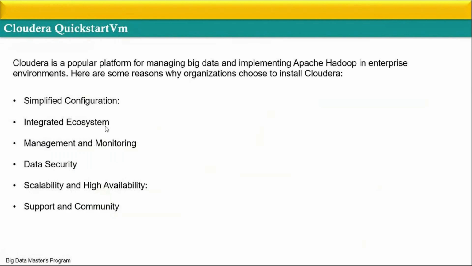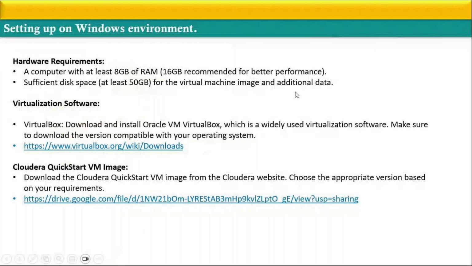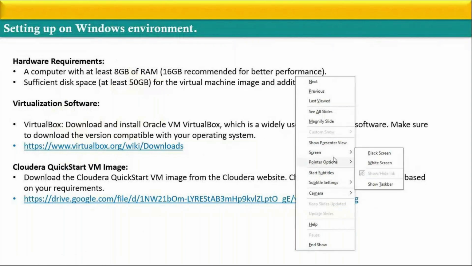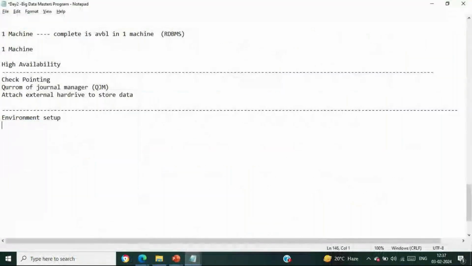Now we are going to move with Hadoop, and Hadoop has three main flavors, or distributions. Hadoop is given by three organizations: Cloudera, MapR, and Hortonworks.